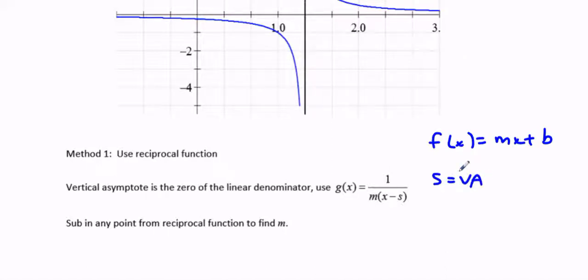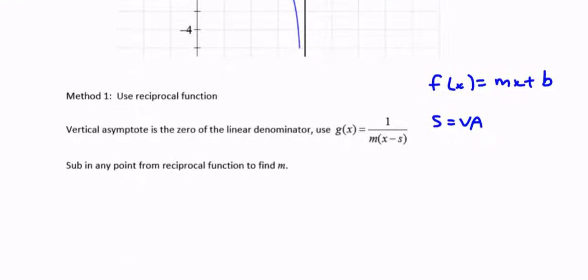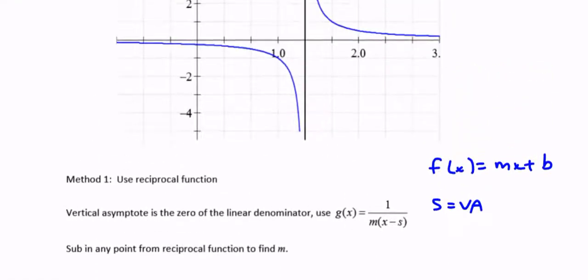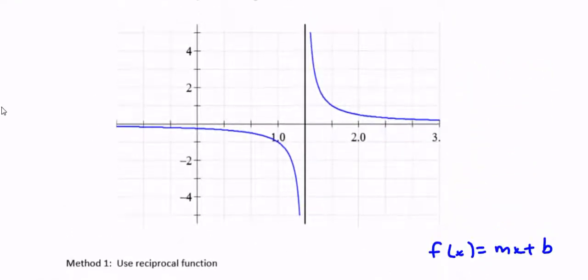All right, so it says sub in any point from the reciprocal function to find m. Well, first we're going to sub in the vertical asymptote. The vertical asymptote in this case, it's a little tricky because I divided the scale not into whole numbers, so we can see that the vertical asymptote goes through right here. Every third square represents 1 unit, so this is a third, 2/3, 1, 1 1/3 is our vertical asymptote.